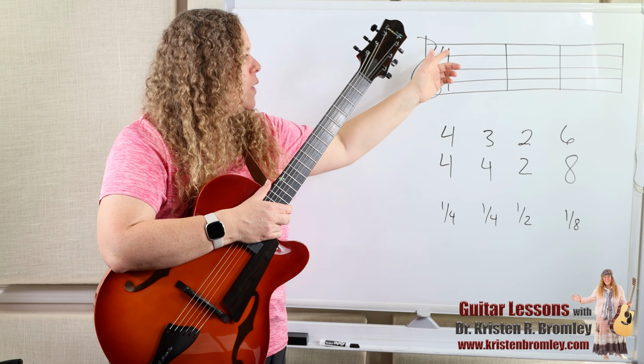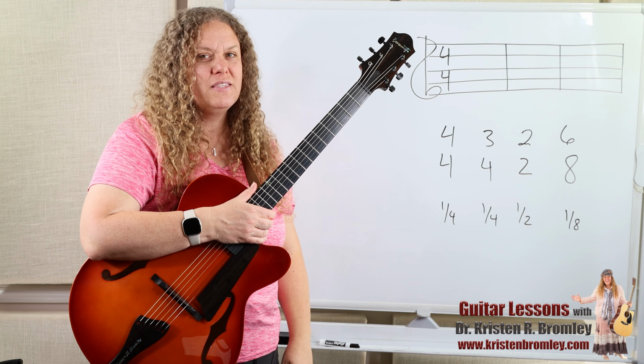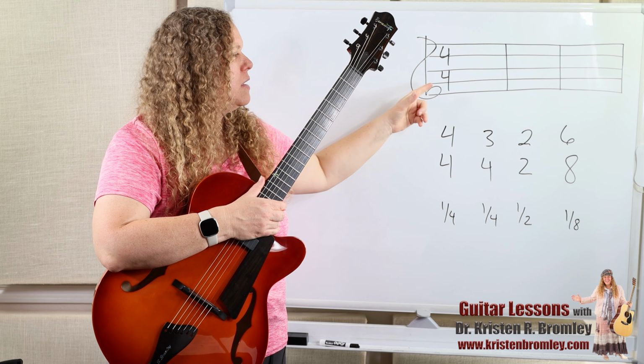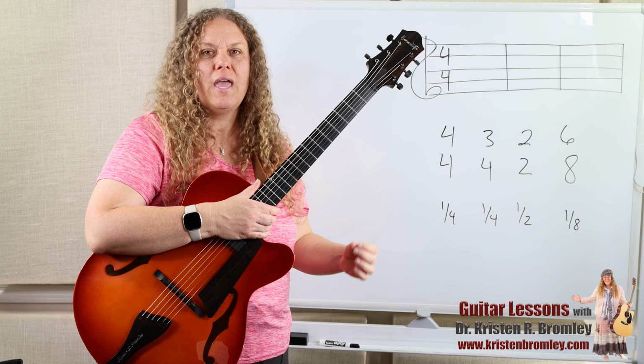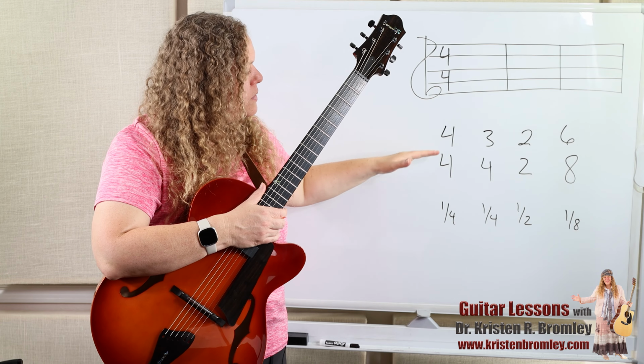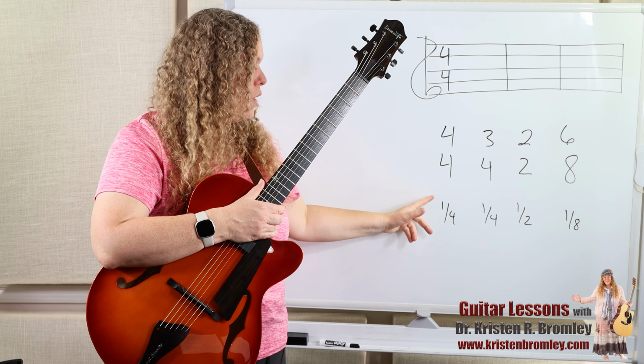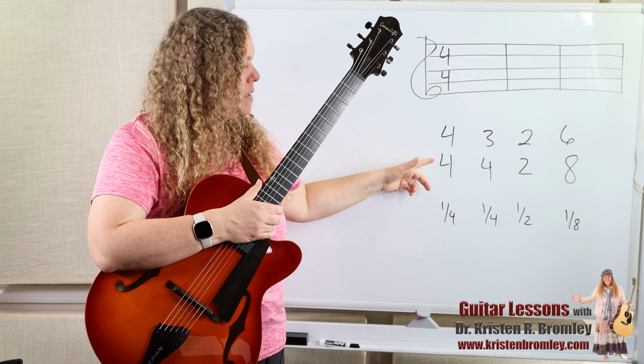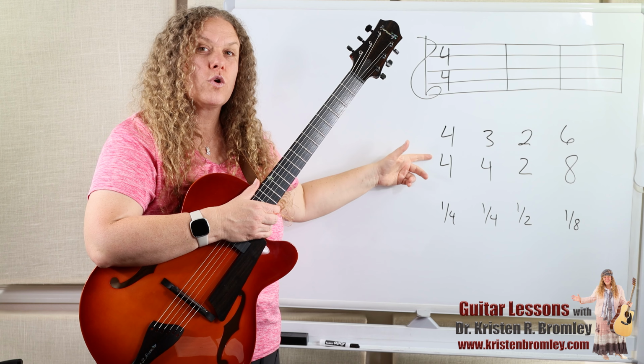So the way these numbers work, the number on the top is telling us how many of the number on the bottom that we have per measure. So if we were to take the numbers on the bottom and put a 1 over and create a fraction, we have 1/4. That's telling us this bottom number, the number 4, is telling us quarter note.